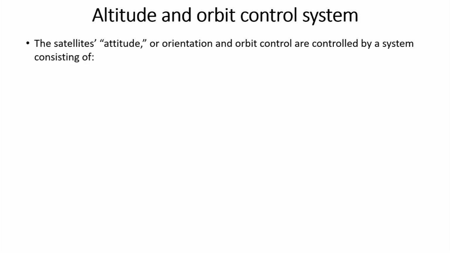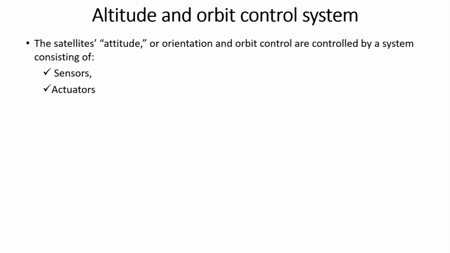Now, as we already said, the satellite's attitude or orientation and the orbit are controlled by a system. This consists of different types of sensors. Why are the sensors needed? Using those sensors you will be able to know where the satellite currently is. The sensors measure its orientation with respect to some known locations, or objects whose positions are known.